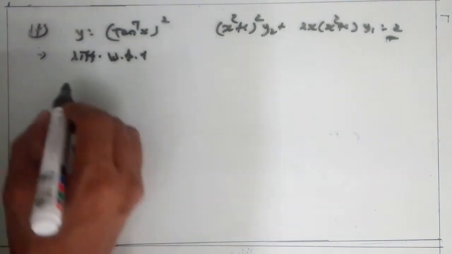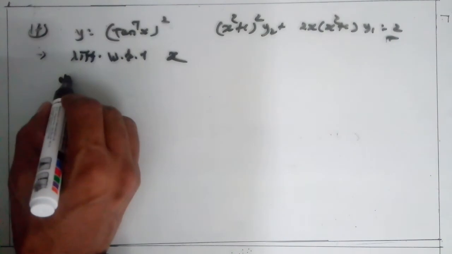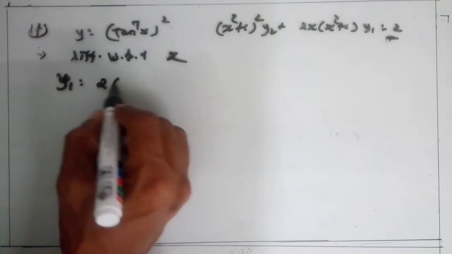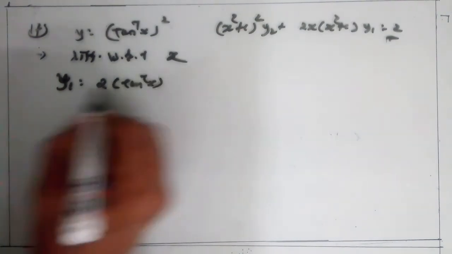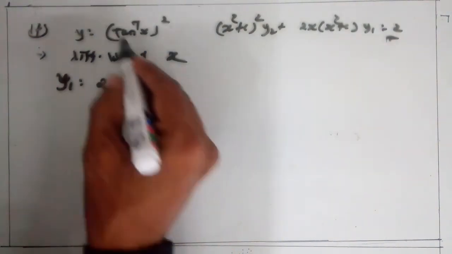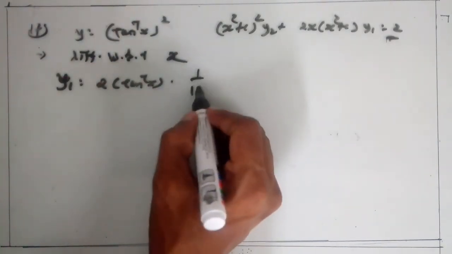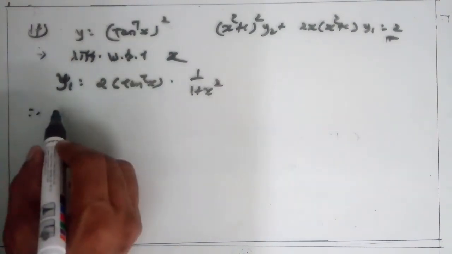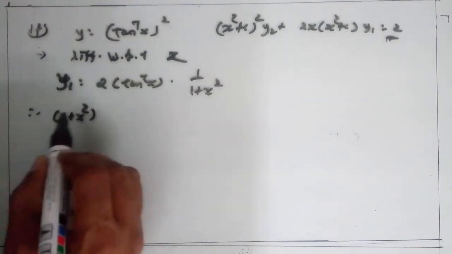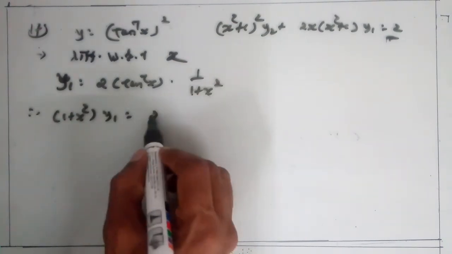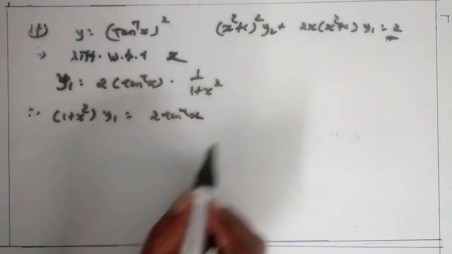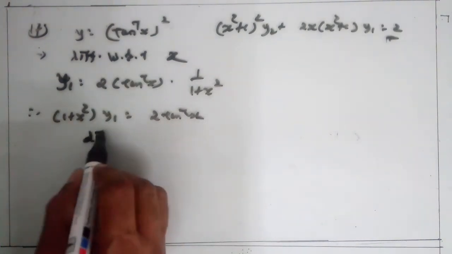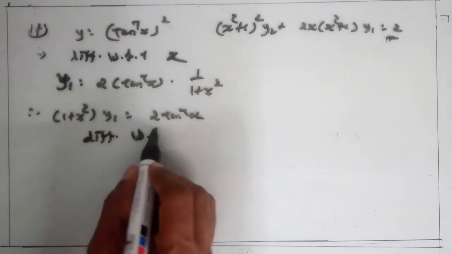We get y1 = derivative of this term, 2 (tan⁻¹ x)^(2-1) into derivative of tan⁻¹ x, which is 1 upon 1 + x², you know. Now 1 + x², take this side. So (1 + x²) y1 = 2 tan⁻¹ x.